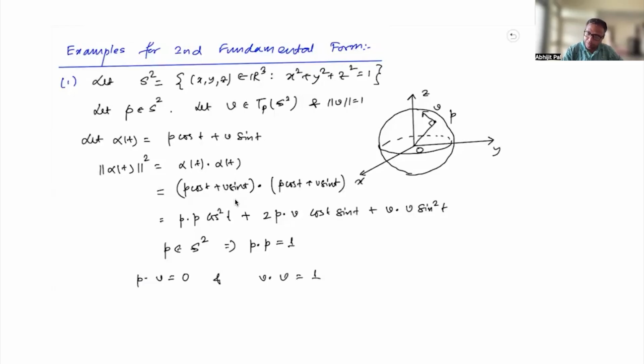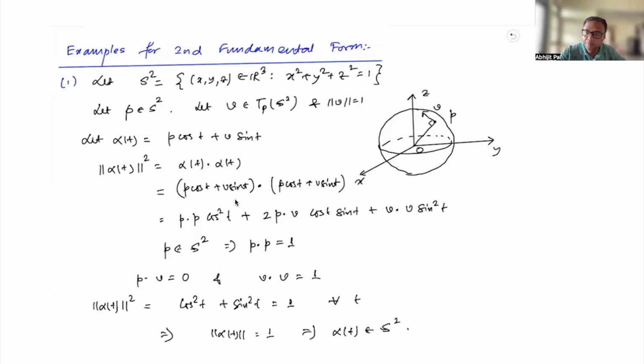Therefore, from the above equation, norm of alpha(t) squared is equal to cos squared t plus sin squared t, which is equal to 1, and this is true for all t. So this implies that norm of alpha(t) is equal to 1, so alpha(t) belongs to the unit sphere.